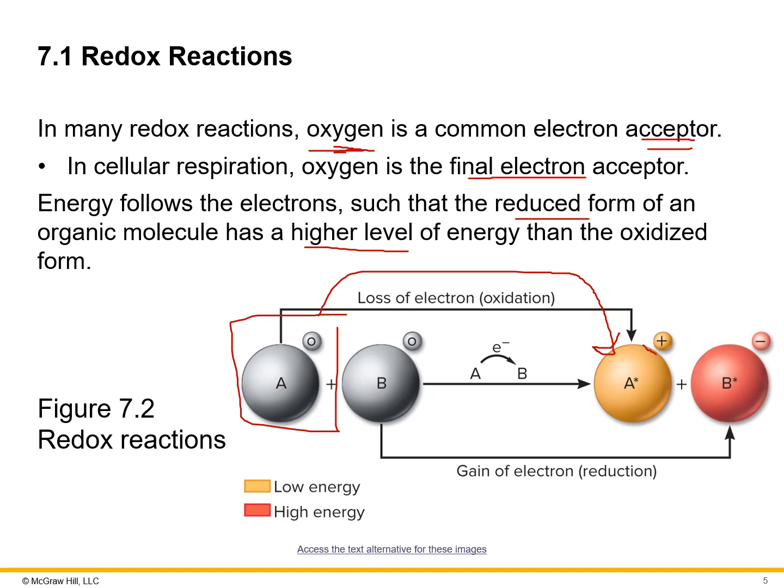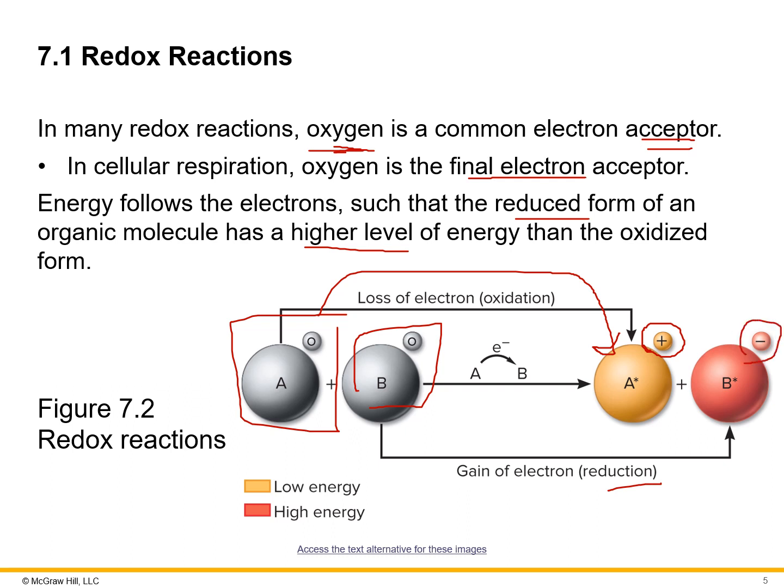It is losing the electron, so it has a positive charge. Remember, electrons are negatively charged. Then molecule B becomes reduced because it has gained that electron.